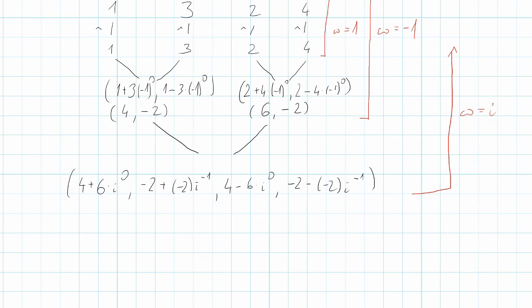So we can compute this all together: 4 plus 6 is 10, then -2 plus, and 1 over i is minus i, so minus and minus is plus, so it's -2 plus 2i. Now it's 4 minus 6, so -2, and -2 and minus i, so all together is minus, so -2 minus 2i.